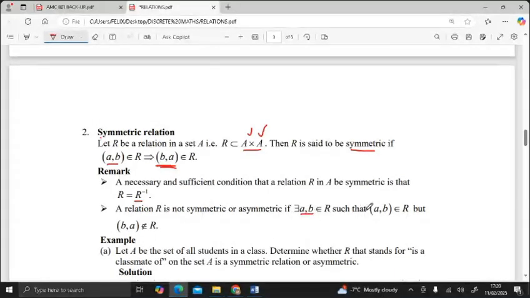Here we have an extension: what if it is not symmetric, or asymmetric.